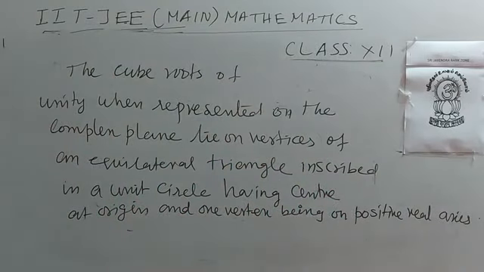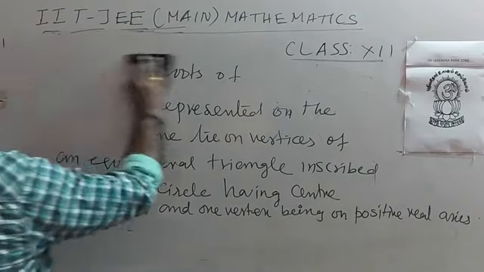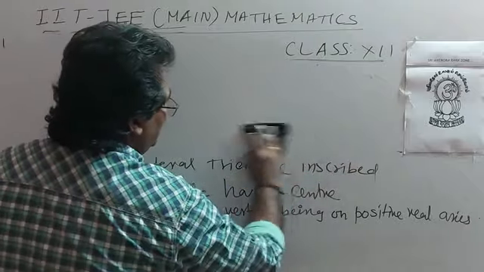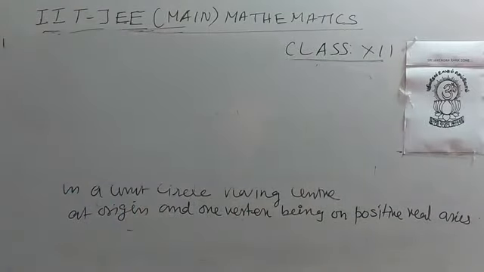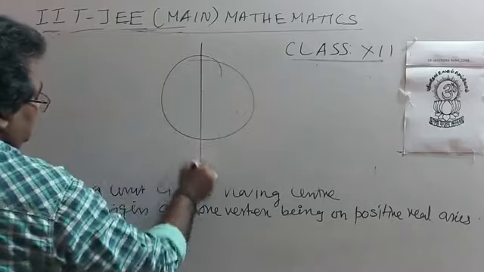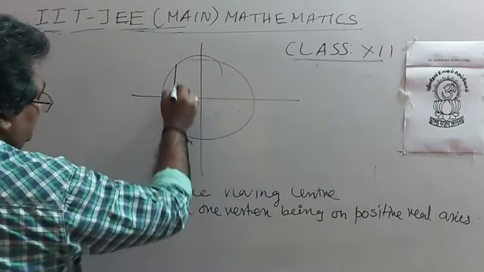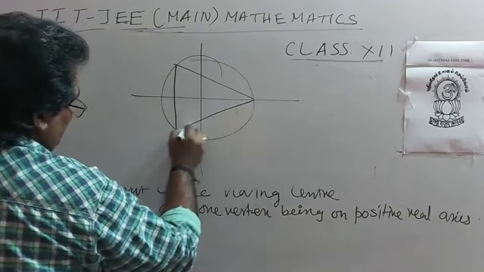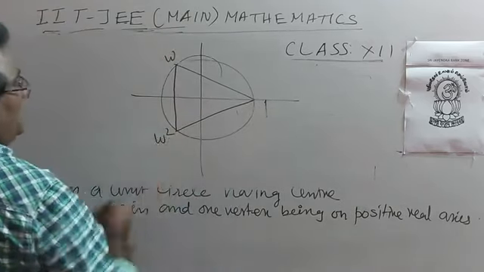So cube roots of unity lie on the unit circle and form the vertices of an equilateral triangle. One of the roots will be on the real axis in the positive direction. If you take this as 1, this is omega, this is omega squared.